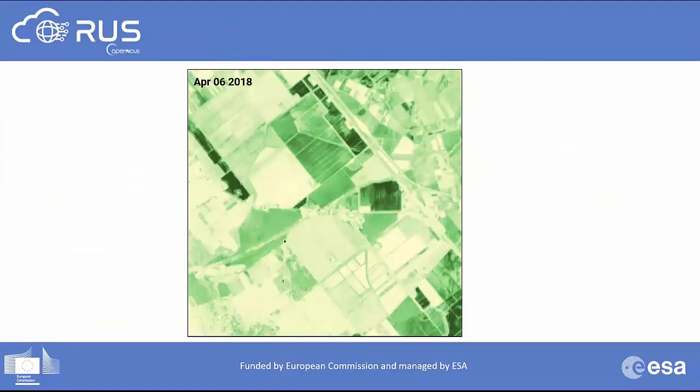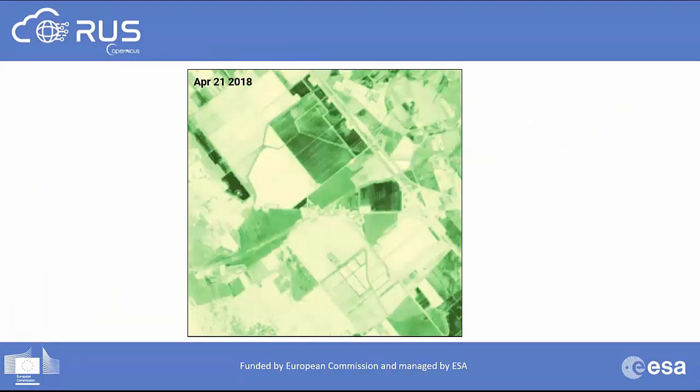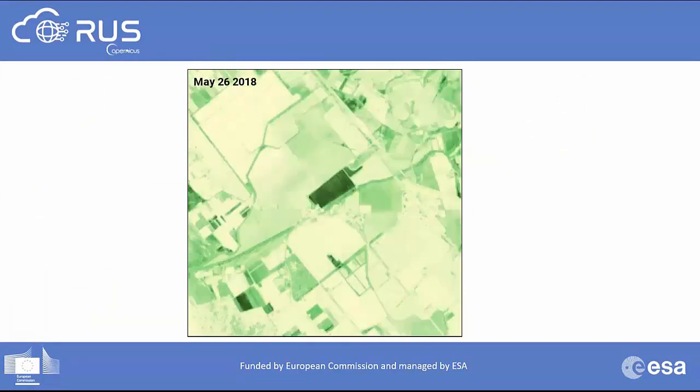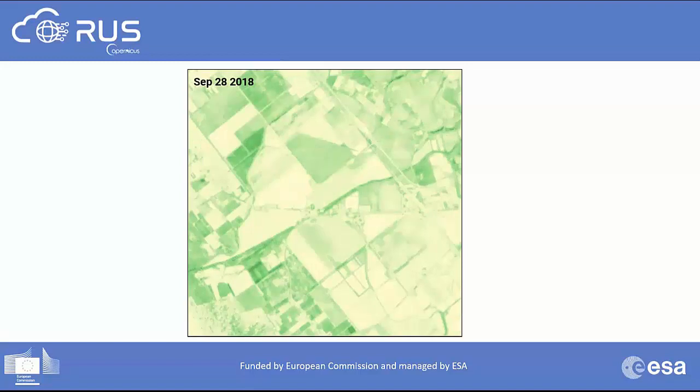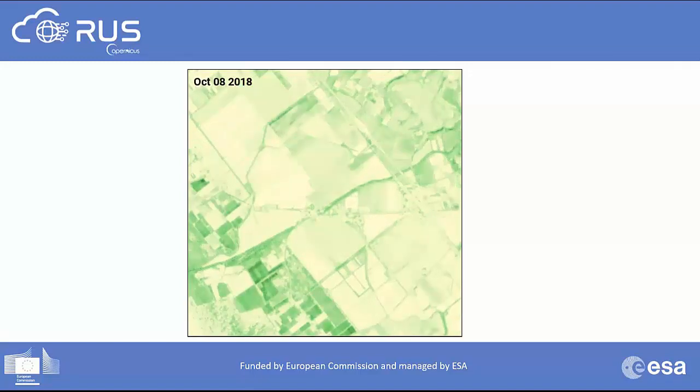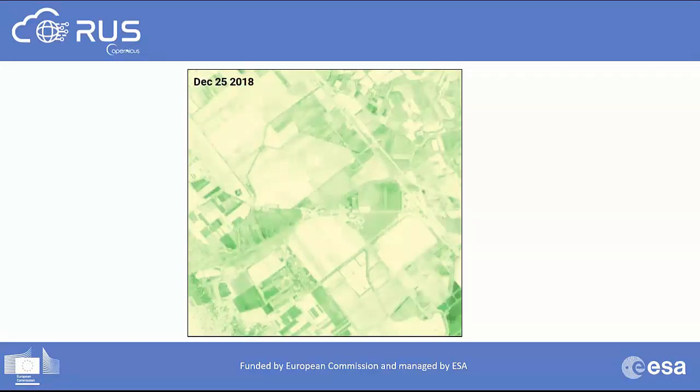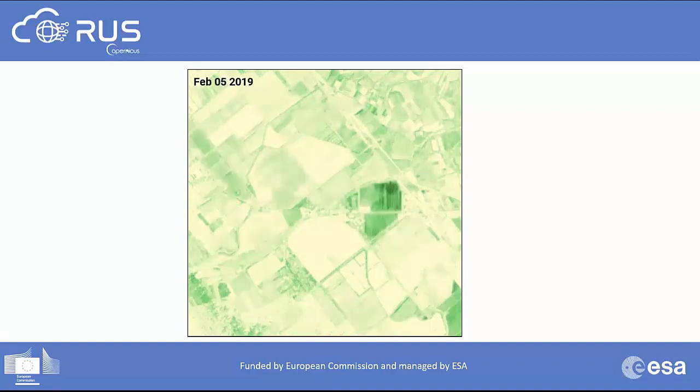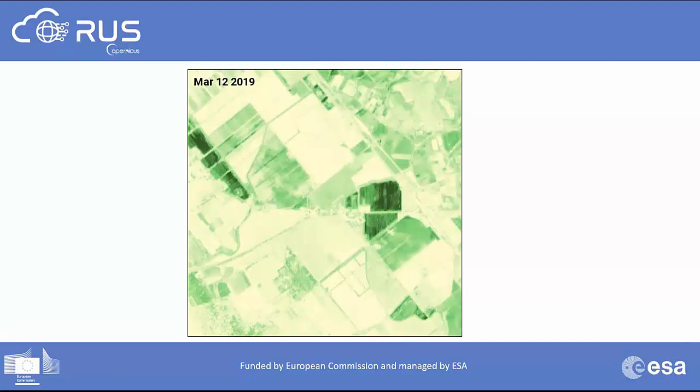The last slide that I have for you is actually a GIF, and this is my time series over the 2.5 years looking at leaf area index. There is a very interesting tool also associated with SNAP, which is called PConvert. It is run in the same way as GPT.